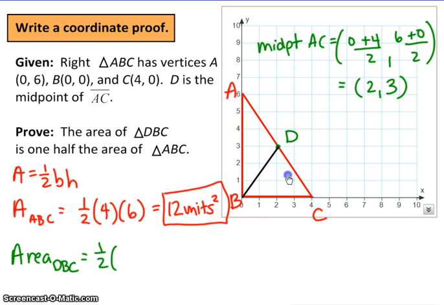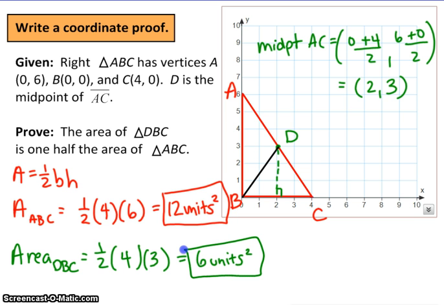Now, if we take a look at this triangle, I need to drop an altitude down from point D. So this would be our height of 1, 2, 3, and our base would be 1, 2, 3, 4. So I get 6 units squared. So what we have just shown is that the area of DBC is half of ABC, since 6 is 1/2 of 12.